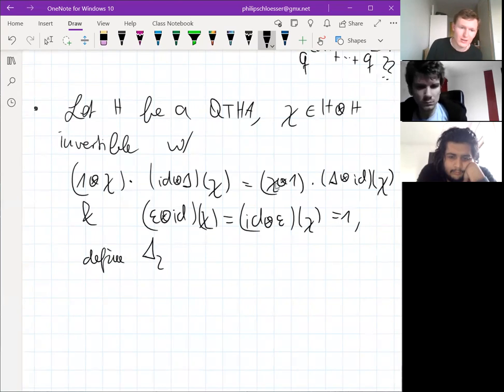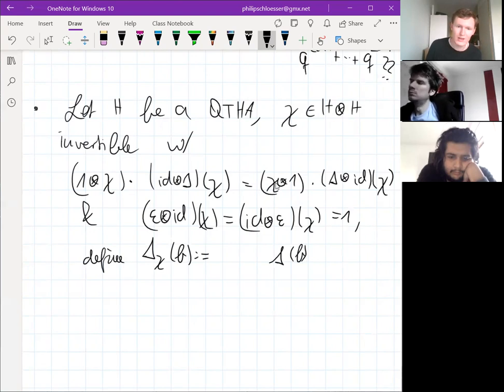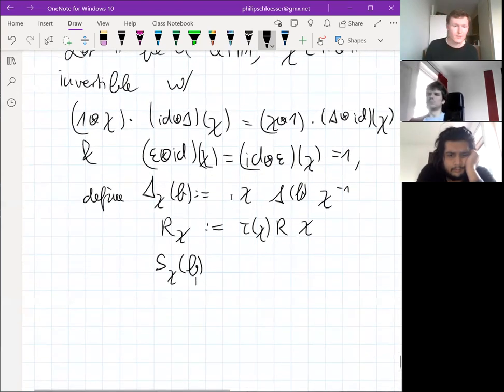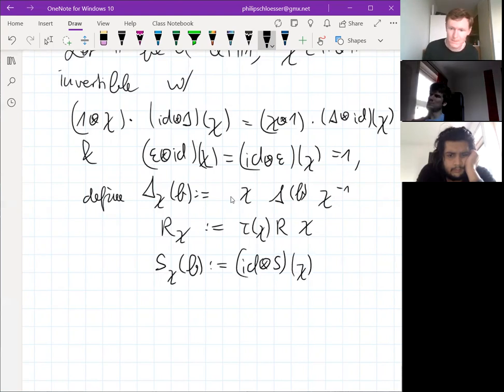Define delta chi to be just delta conjugated with chi, then R chi to be R, well, not really conjugated with chi, but multiplied with chi and the twisted chi, and then the antipode map, define that to be, well, we can only apply the antipode map on sort of one side to chi.